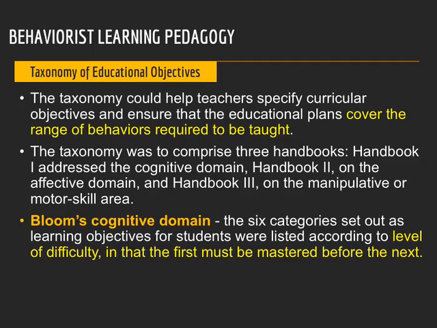The third pedagogy or implication of behaviorism learning theory is the emergence of taxonomy of educational objectives, that is the Bloom taxonomy. The taxonomy could help teachers specify curricular objectives and ensure that the educational plans cover the range of behaviors required to be taught.